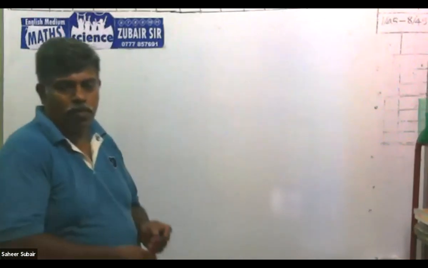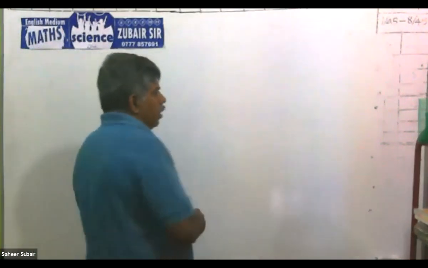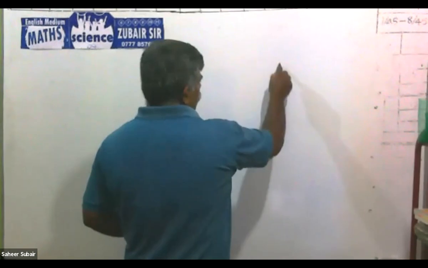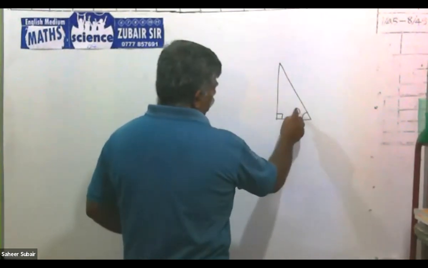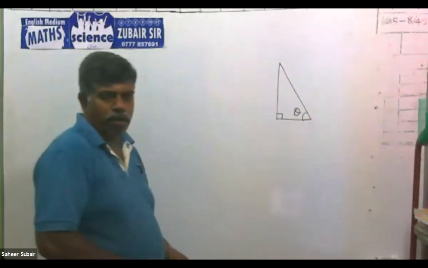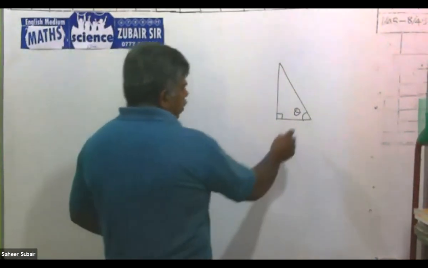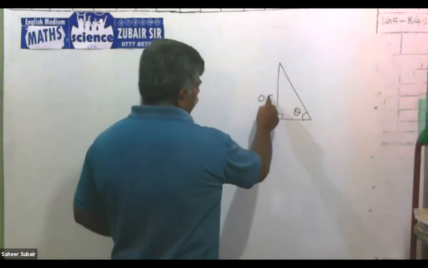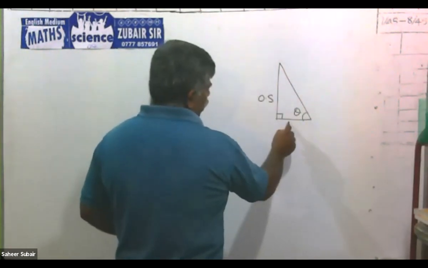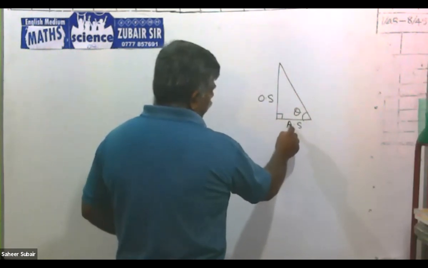Last time we studied the sine, cos, tan relation. So, what is sine, cos, tan? If you take one angle as theta in the right angle triangle, the side opposite to theta is called the opposite side. Closer to theta is called the adjacent side.